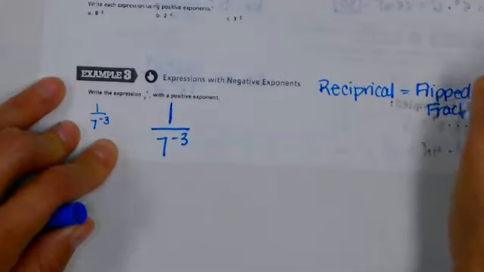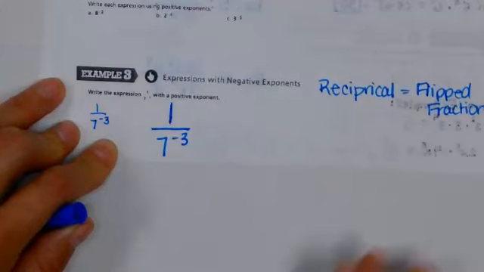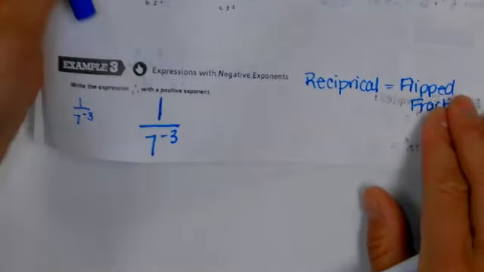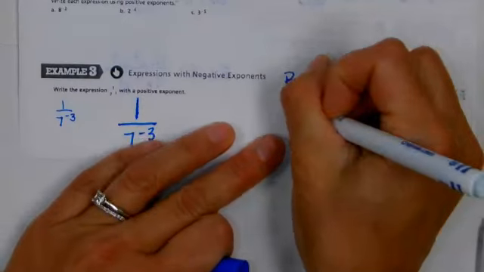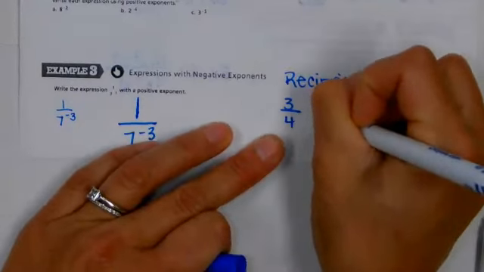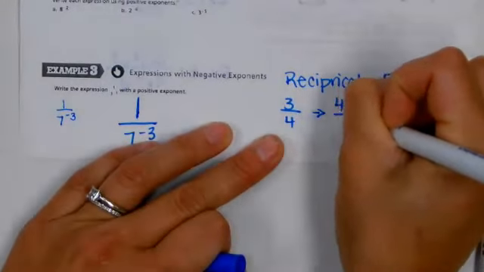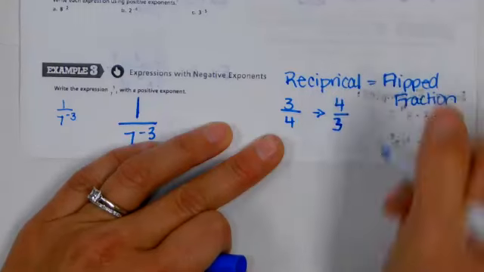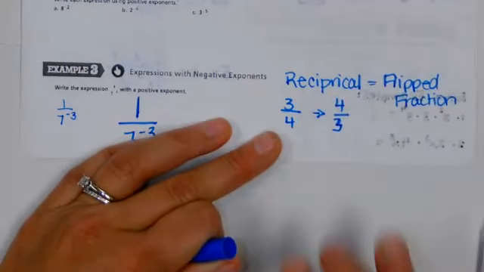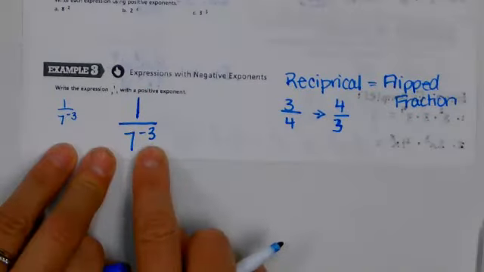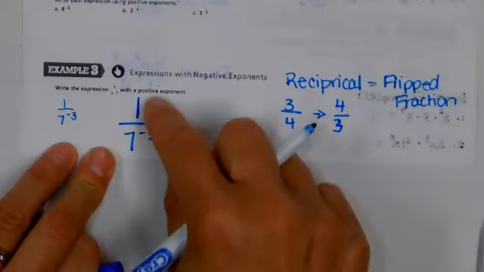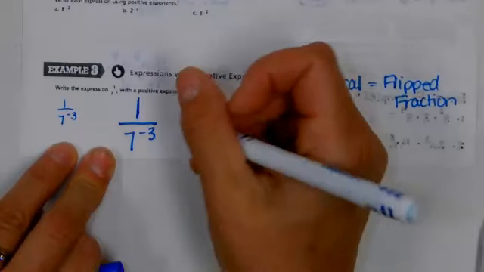For example, a quick example, the reciprocal, I'm sorry, can't see that either. All right. The reciprocal of 3/4 is 4/3. Those are reciprocals, okay? Now, in this case, to get rid of a negative exponent that is already in a fraction, we flip it to its reciprocal.